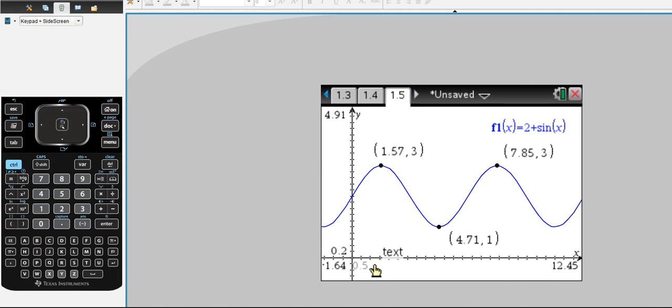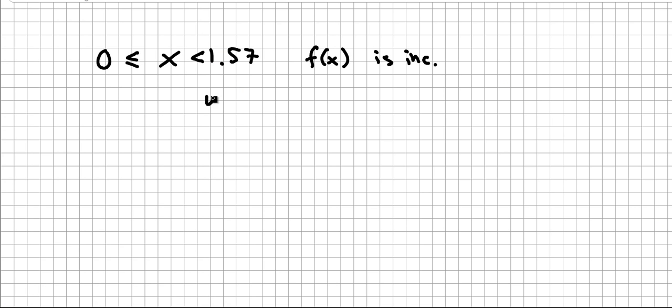The next range would be between 1.57 and 4.71. So from 1.57, and we're not going to include this point because this is the maximum and this is the minimum. So between these two values, this is the range where f of x is decreasing.